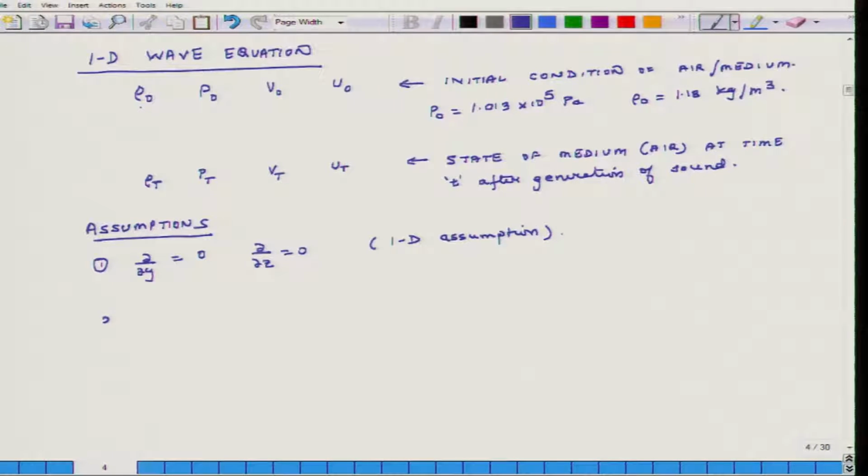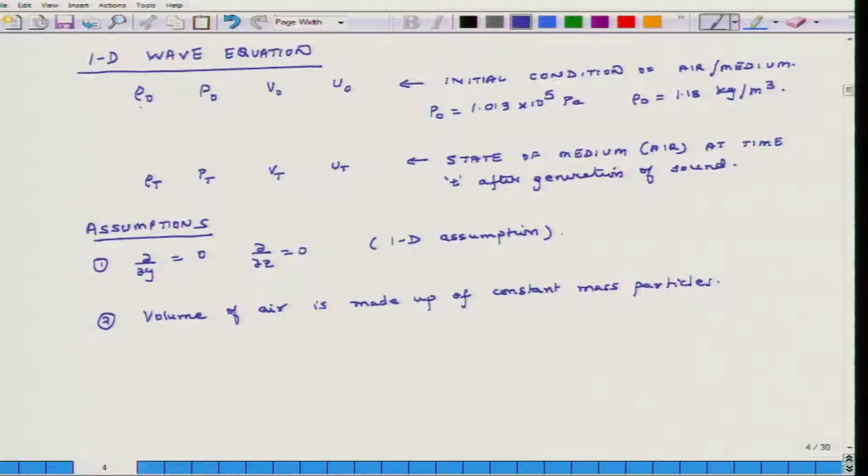The second assumption we make is that the volume of air is made up of constant mass particles.